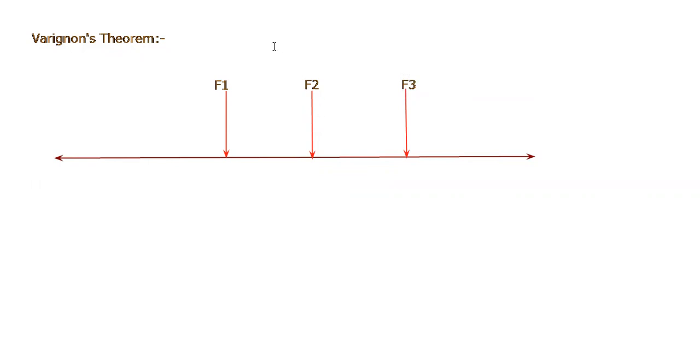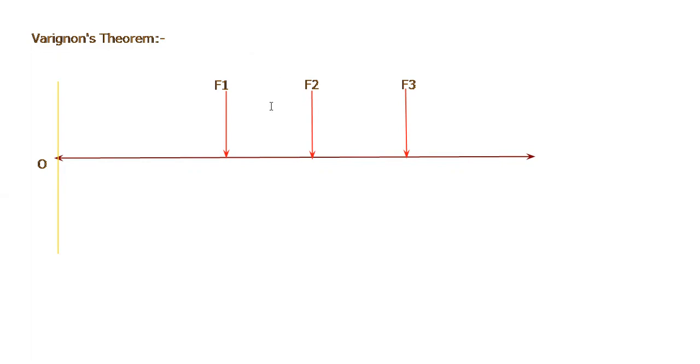Now you have to calculate the moment at a certain point. Let us assume the point is located here, and assume that this point is O. At this point you need to find the moment caused by these three forces.